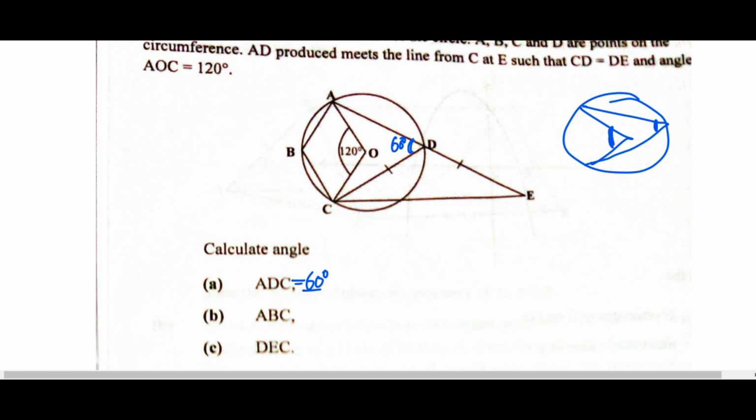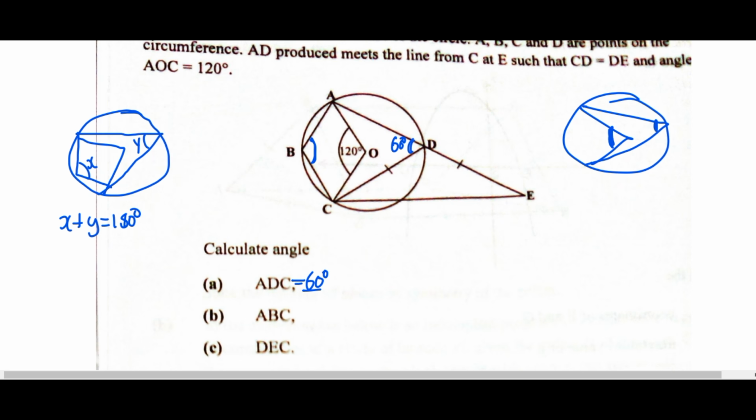Then let's look at ABC. This angle here, we are supposed to use this property. Angles in a cyclic quadrilateral, if here we have x, here we have y, then x plus y is equal to 180.